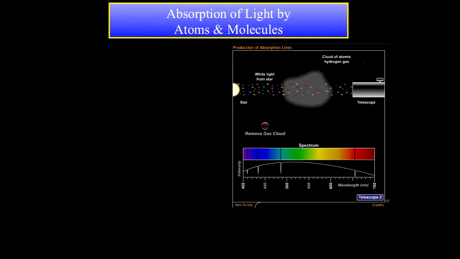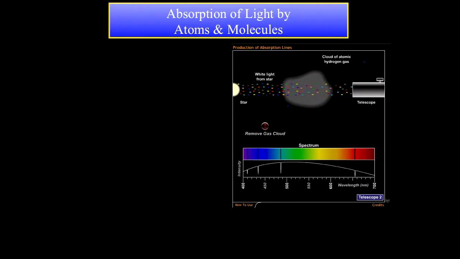But what if you put some gas in between the source of light and the telescope? That gas consists of atoms of a certain type: hydrogen, carbon, oxygen, iron. And those atoms will only absorb photons that have a certain specific set of energies, namely the energies that correspond to an energy difference between a lower energy level and a higher energy level.